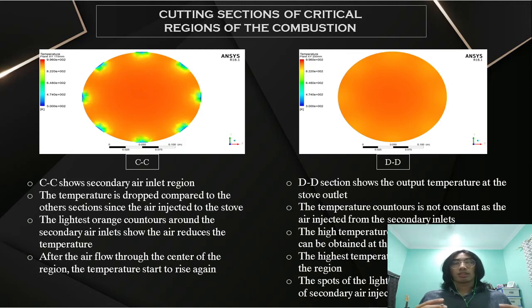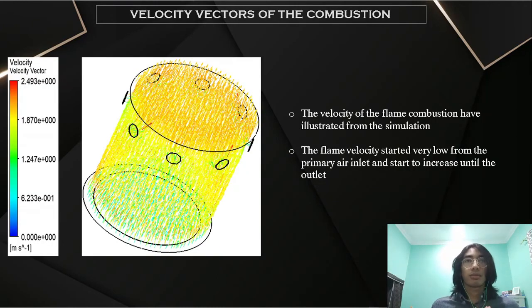This simulation shows the results of how the flame behavior reacts to the air inlets in specific data. Okay, so next let's move to the velocity vectors of the combustion. As I mentioned before, the objective of this final year project is also concerned with the outlet velocity of the combustion in the solar stove.